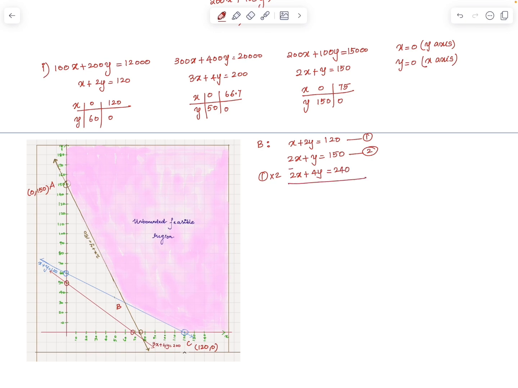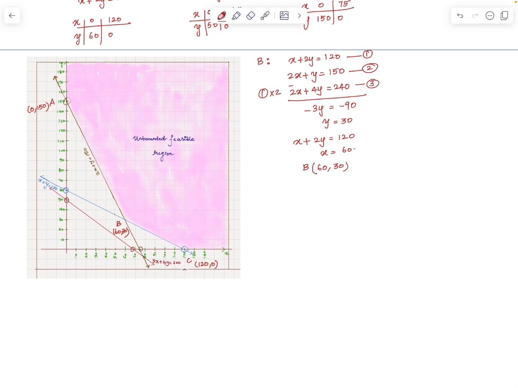On subtracting, we get minus 3Y is minus 90 and Y is 30. Substituting this Y in X plus 2Y equal to 120, we get X equal to 60. So the coordinates of B are 60, 30.